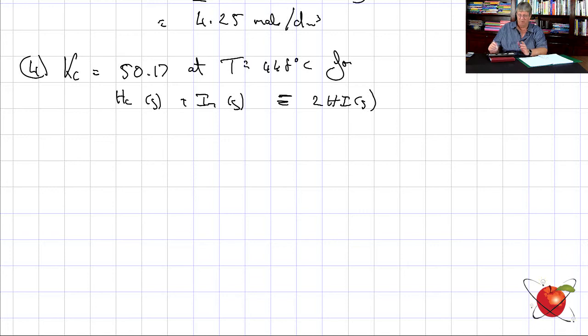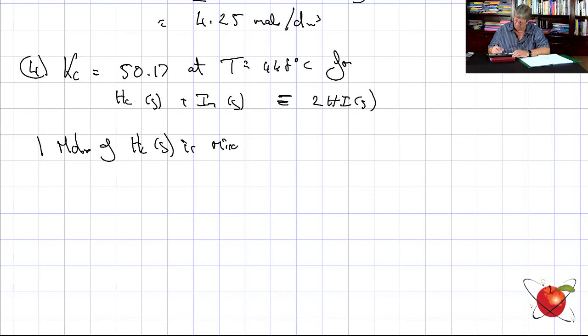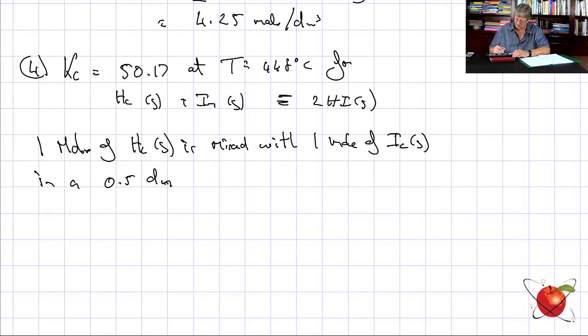I hope you're writing these down as we go. They tell us now the following. 1 mole of H2 gas is mixed with 1 mole of I2 gas in a 0.5 decimeter cubed container.